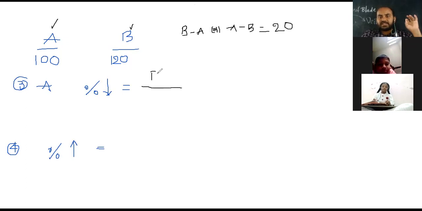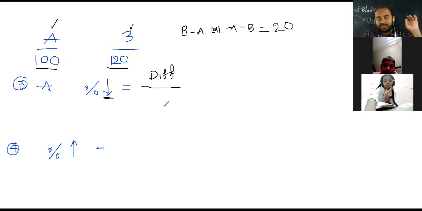Now, when you are finding the percentage less, there is one formula. Out of these two numbers, which one is the bigger number? 100 or 120? 120. Write that bigger number. When they are asking the percentage less, the formula is difference by bigger number into 100.